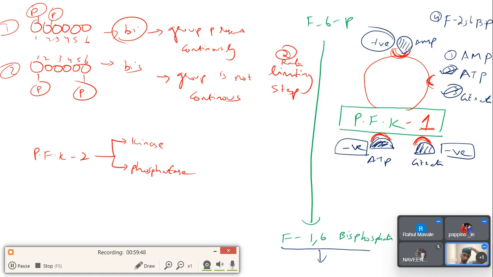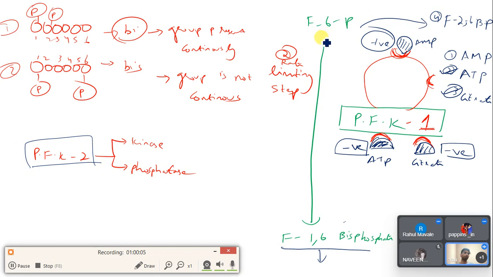No? Okay. So we have learned about phosphofructokinase 1 that basically converts fructose 6 phosphate into fructose 1,6 bisphosphate, and I have already told about PFK2. So that's where it comes into play.